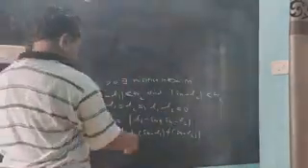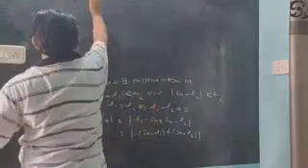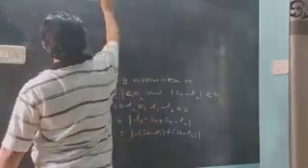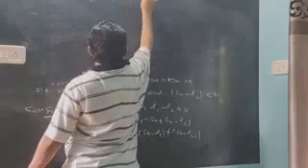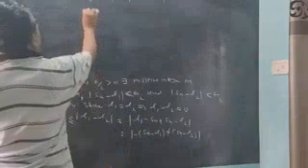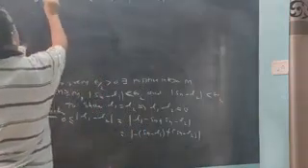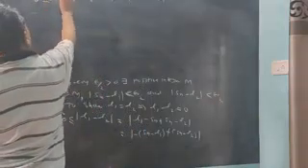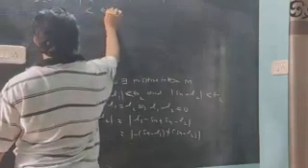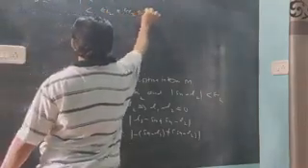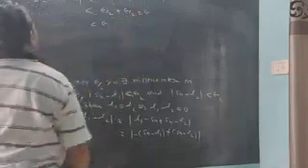Now separate the mods: mod of S_n minus L1 plus mod of S_n minus L2. This is epsilon by 2, this is epsilon by 2, so in total epsilon.